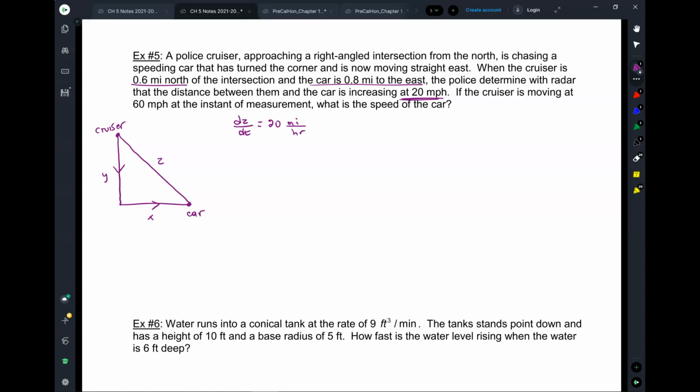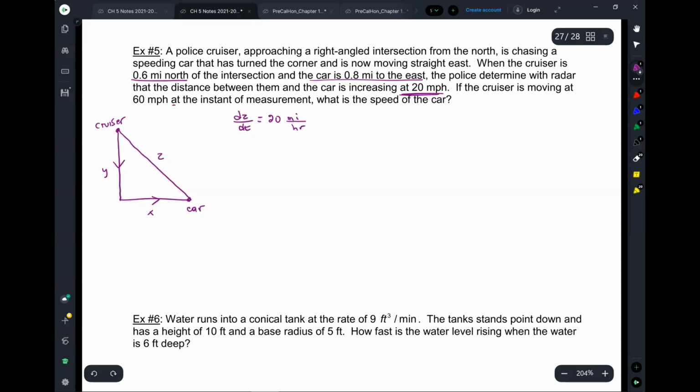Look at what is constant. If the cruiser is moving at 60 miles an hour, so dy dt for the cruiser, is dy dt positive or negative 60? Well, this distance is decreasing, so it's negative 60 miles an hour.